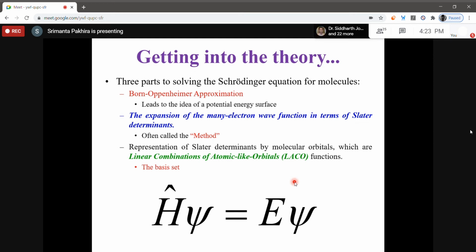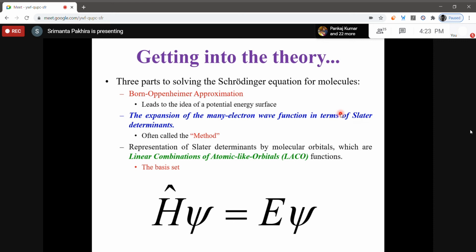Then we generally use the linear combination of atomic orbitals, in brief LCAO, called basis sets. So the Slater determinants are represented by molecular orbitals, which are linear combinations of atomic orbitals, called the basis set. These three things are required for any computational method based on quantum mechanics.